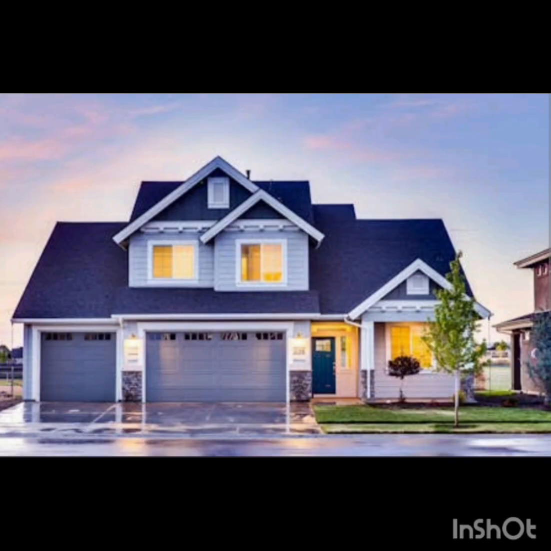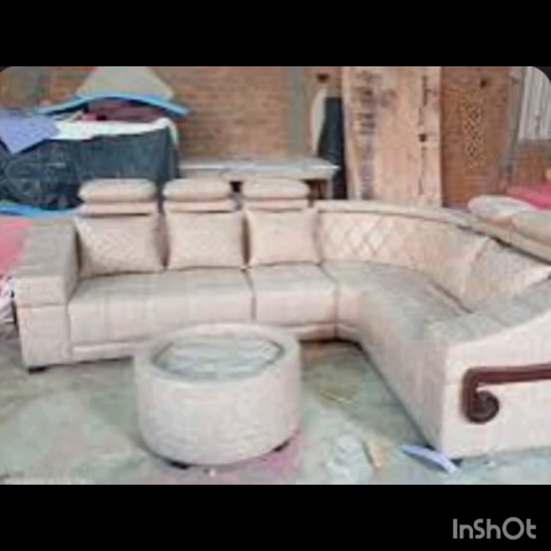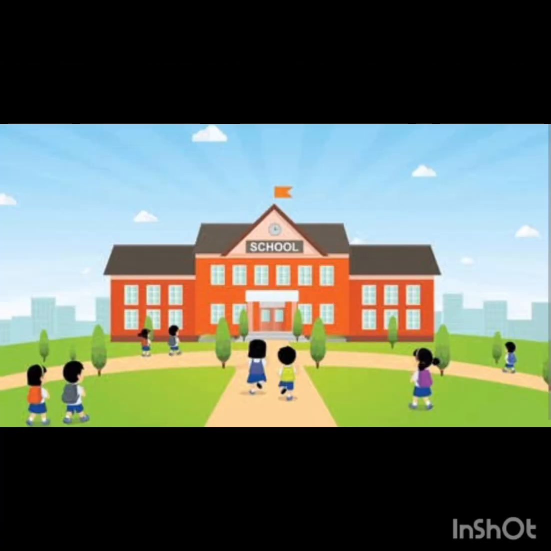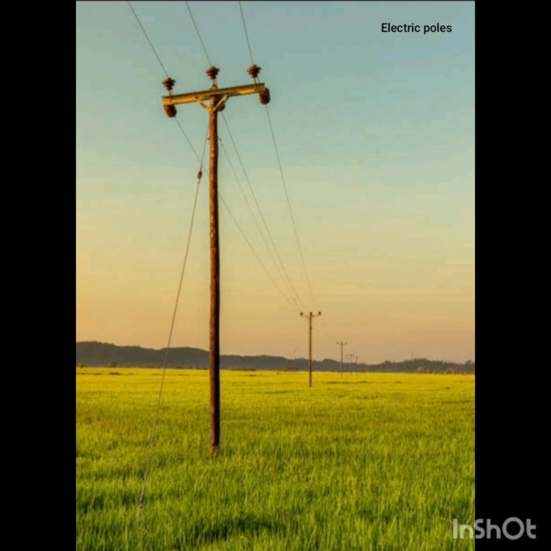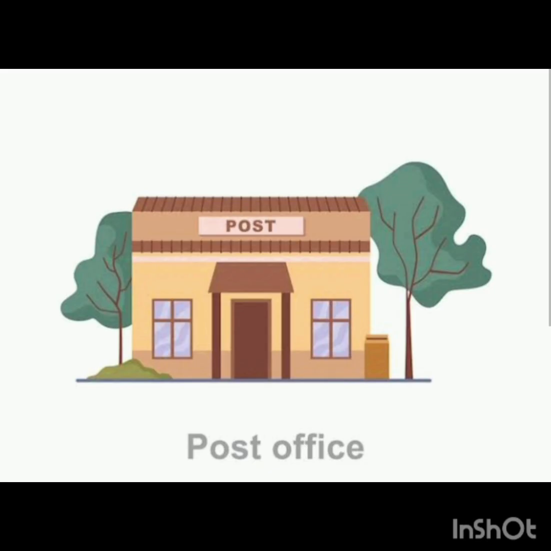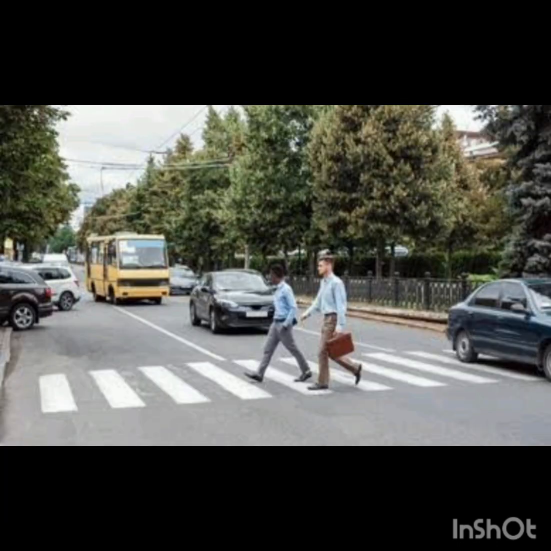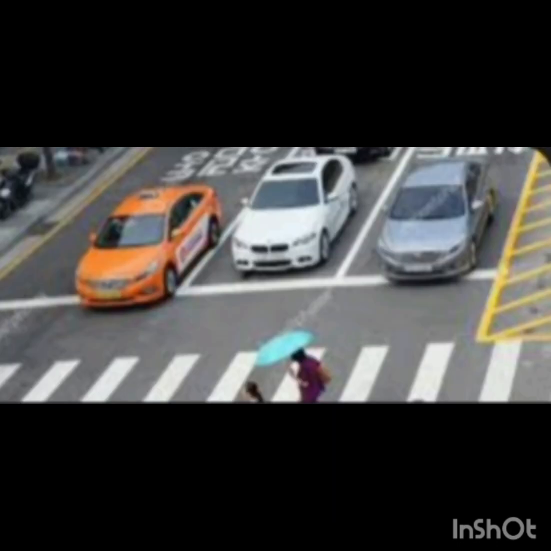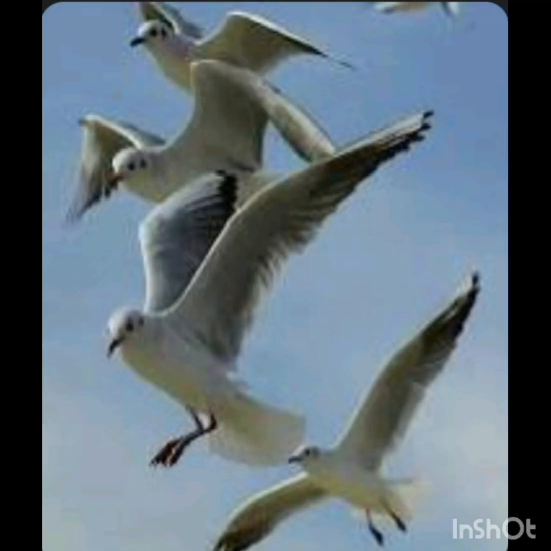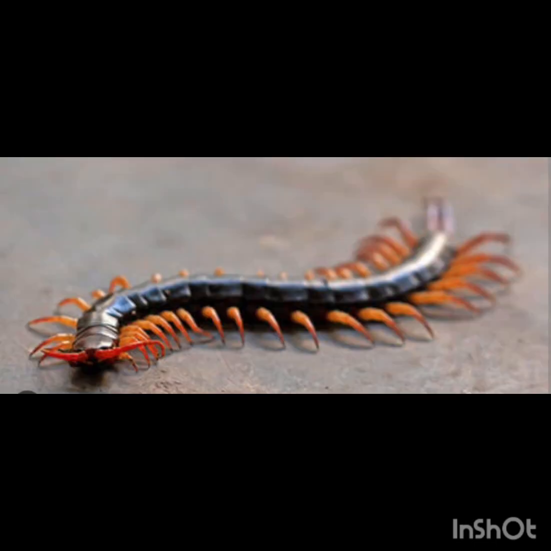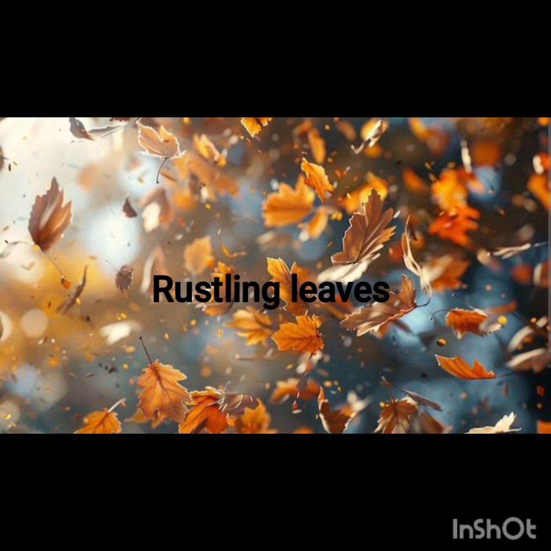For example, your house, furniture in the house, schools, trees, electric poles, post office, railway station, etc. are at rest. But people walking on a road, moving vehicles, flying birds, falling raindrops, crawling insects, rustling leaves, etc. are in a state of motion.